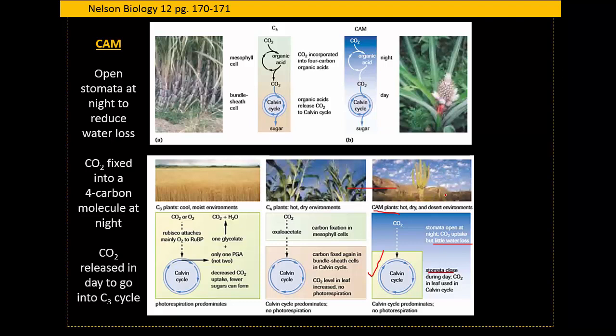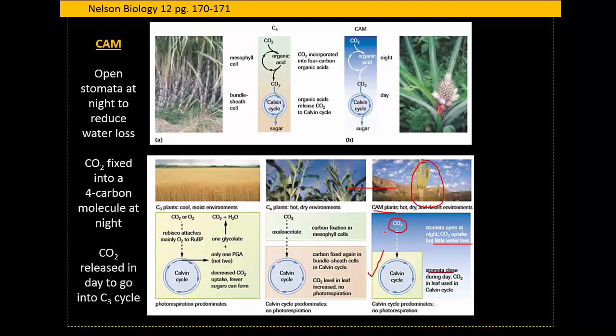So, if you were a desert plant here, and you open your stomates at night because it's cooler and you get your CO2, you don't actually have the ATP and the NADPH to do the whole process of photosynthesis. So take your CO2 in at night, store it up as an organic acid, and then release the CO2 in the daytime.